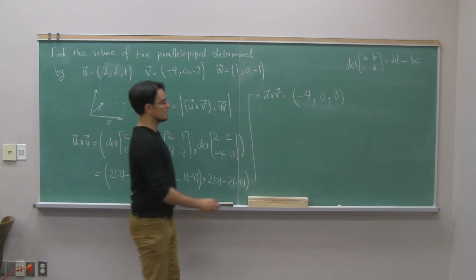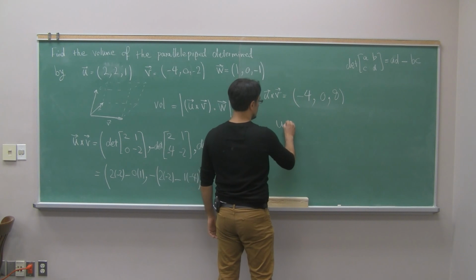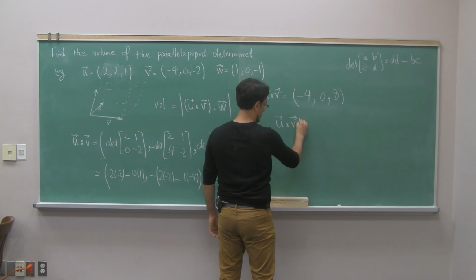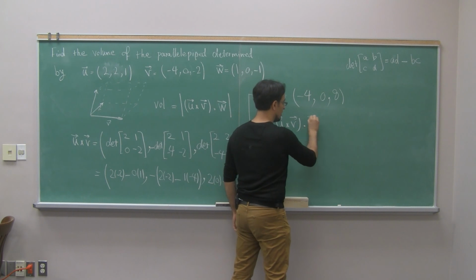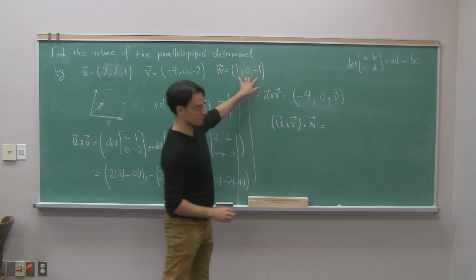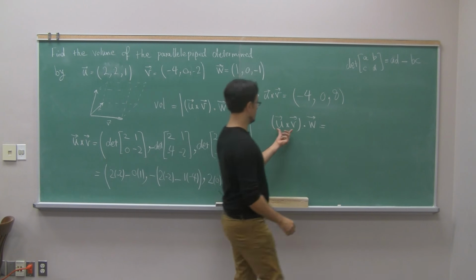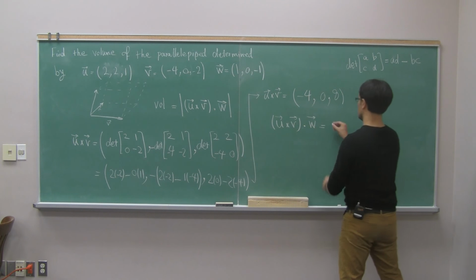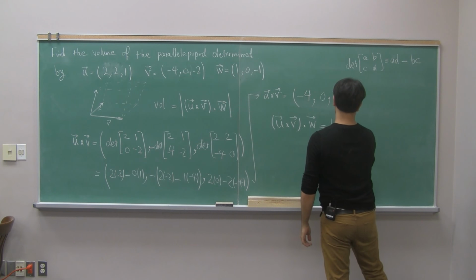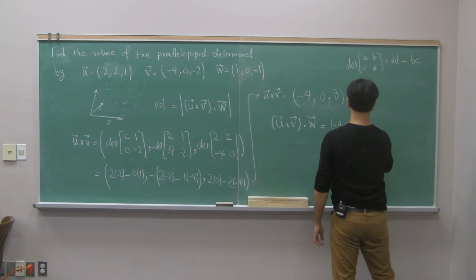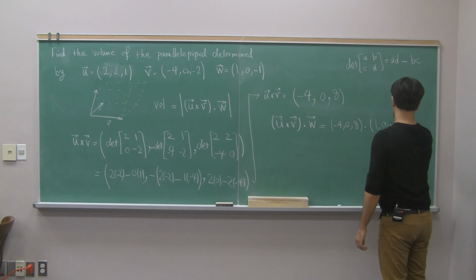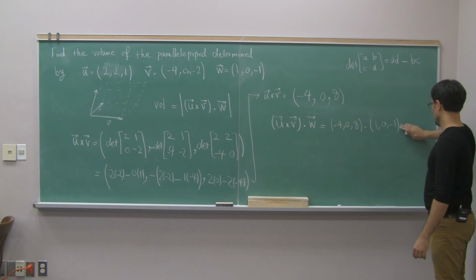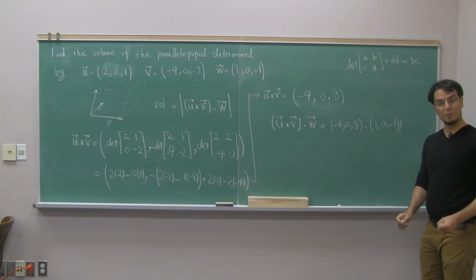Then the next step is to take U cross V, which is a vector, and dot it with the third vector, in this case this one. Let me write these things down. The cross product is (-4, 0, 8), dotted with (1, 0, -1). What is a dot product?